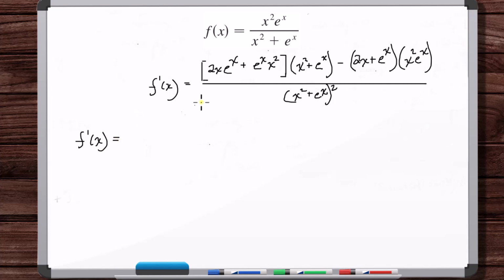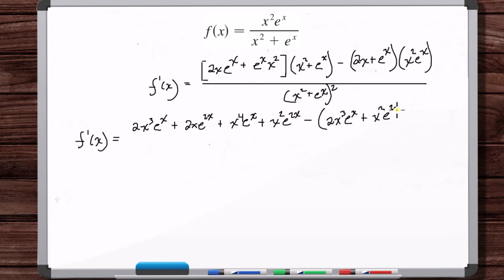Now let's just simplify. So distributing this, we get 2x cubed e to the x, plus 2x e to the 2x plus x to the fourth e to the x plus x squared e to the 2x, okay, minus 2x cubed e to the x plus x squared e to the 2x.